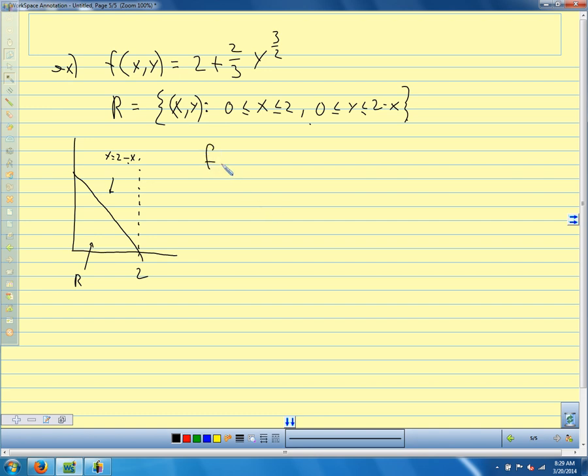So we take our partial f sub x. This turns out nice. f sub x is 0. Our partial with respect to y turns out to be just the square root of y. So our surface area integral, S, would be the integral where x varies from 0 to 2, setting my rectangles vertical, y equals 0 to 2 minus x of the square root of y plus 1 dy dx.